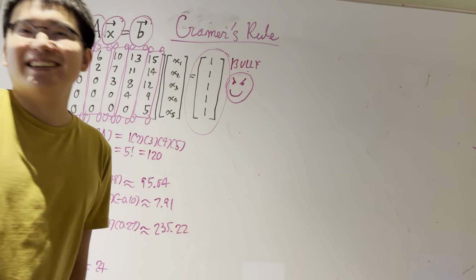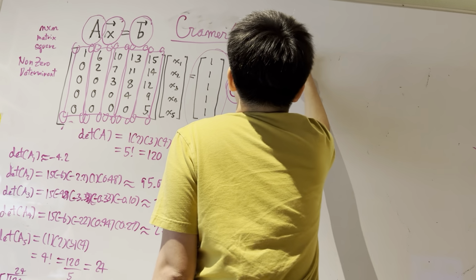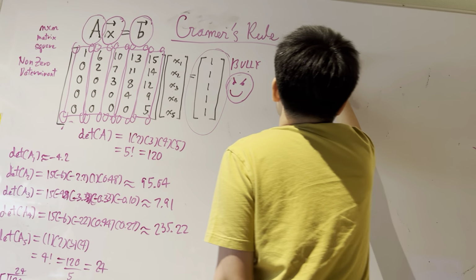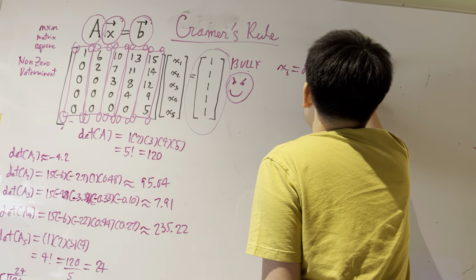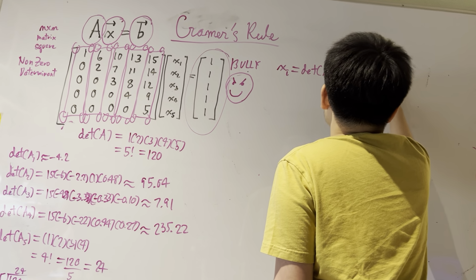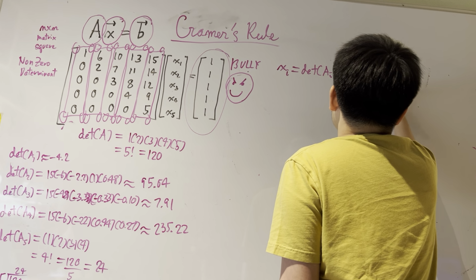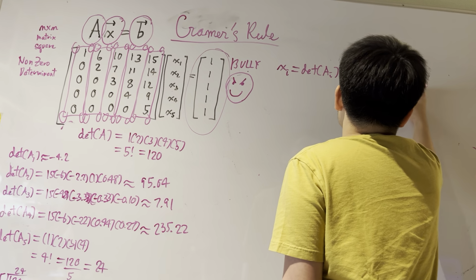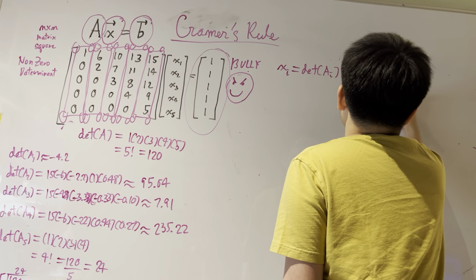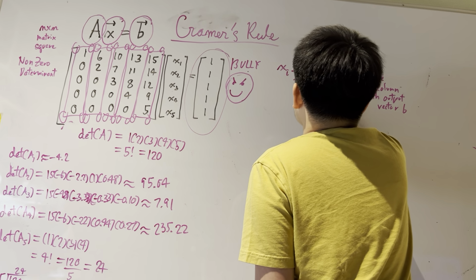There we go. He's mean. Bully. And so xi again equals the determinant of Ai, which is where you replace the ith column with output vector b, over determinant A.